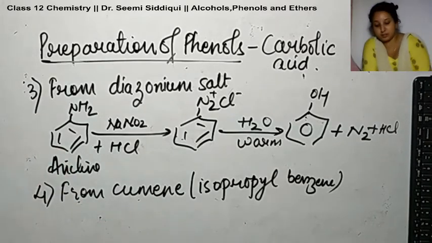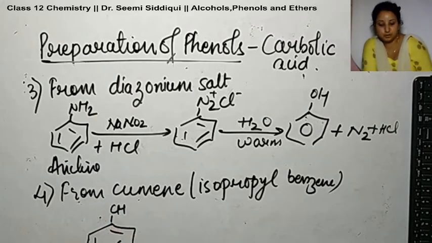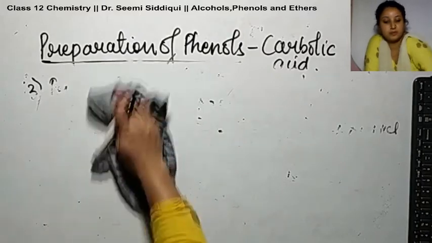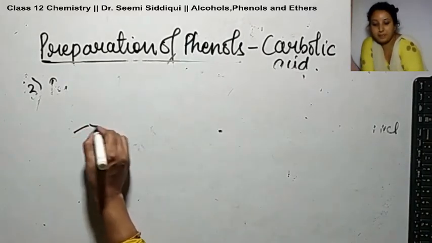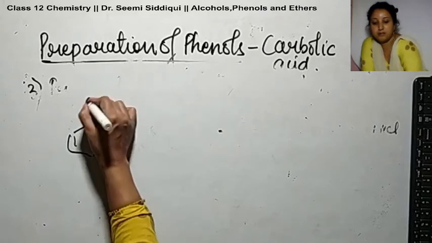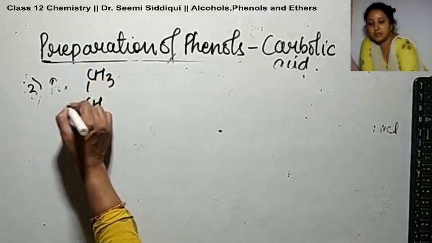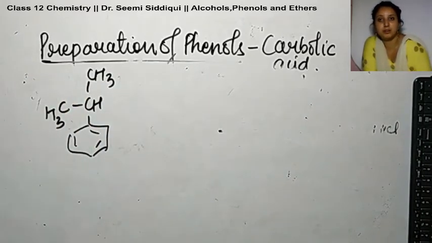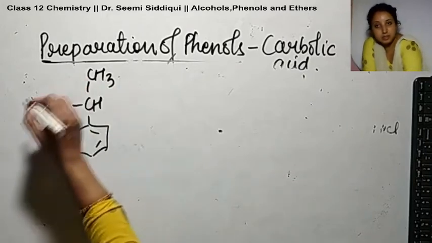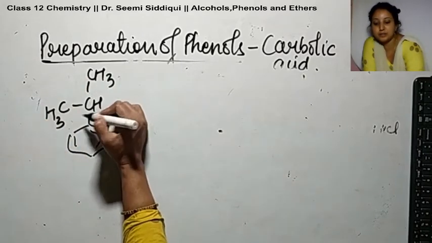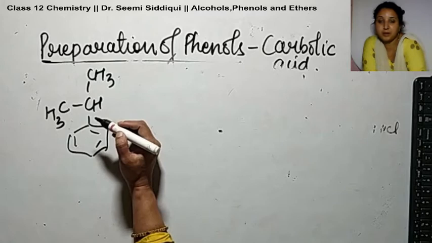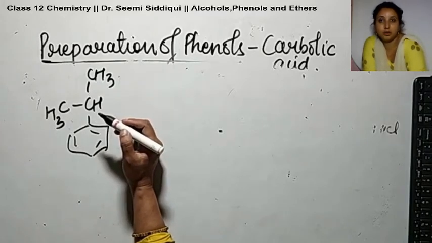Reason being, the structure of cumene is CH with two CH3 groups attached. So just try out its different names. Like I have written isopropyl benzene. Clear? If you change the numbering, it can be 1-methylethyl, which you can also write.